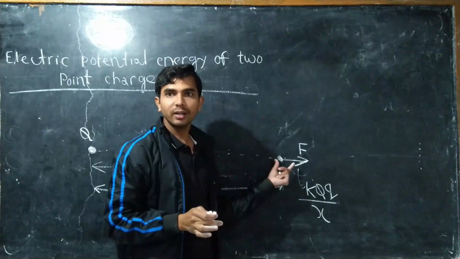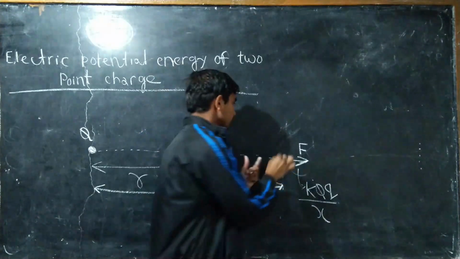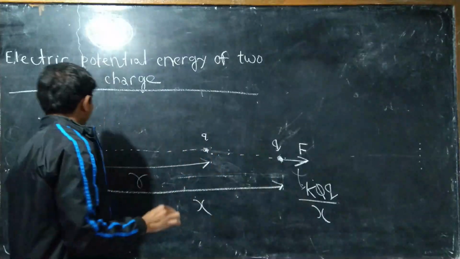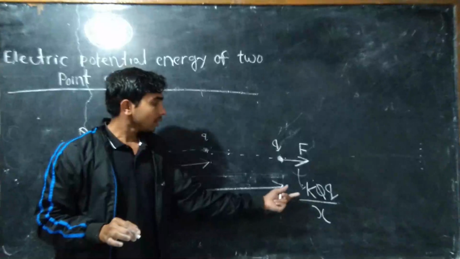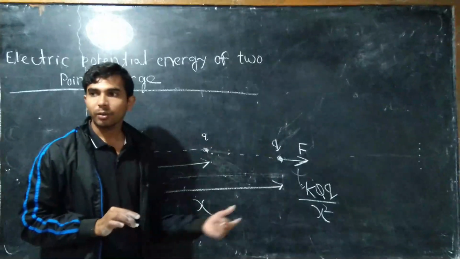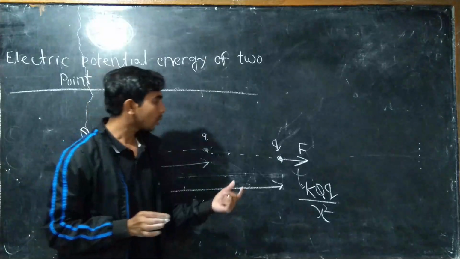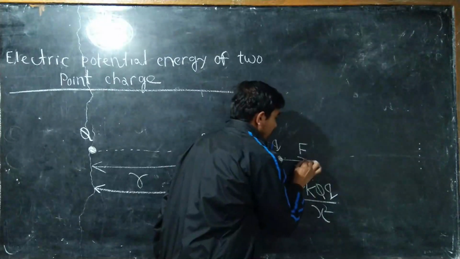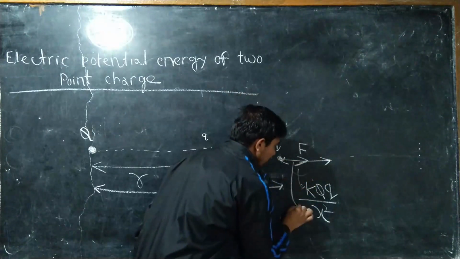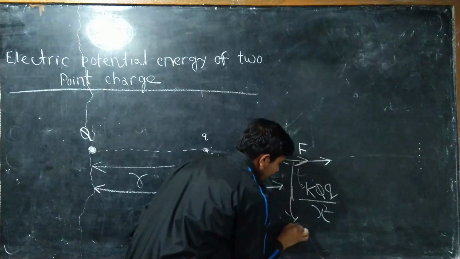This is an intermediate state. These two charges are separated by this much distance, so the force will be KQ by x squared. This amount of force will act. Now consider a small work done in a small distance. Suppose I am displacing this charge by a very small distance dx.